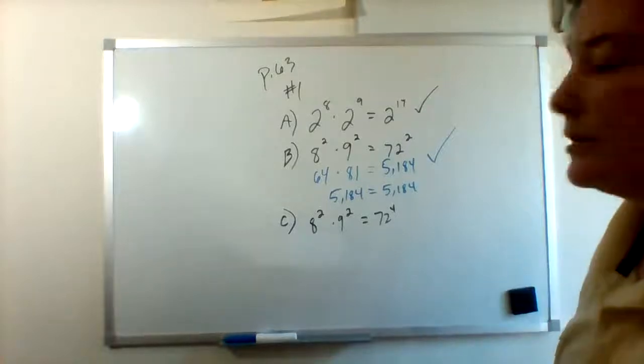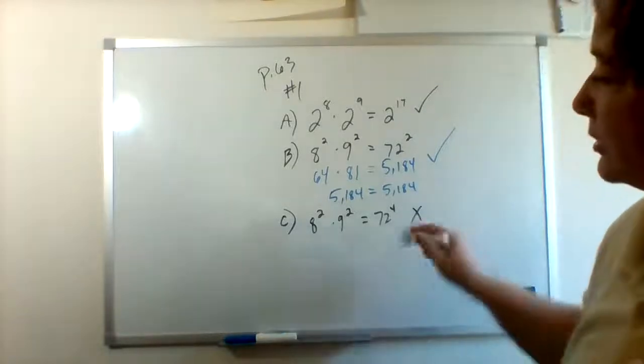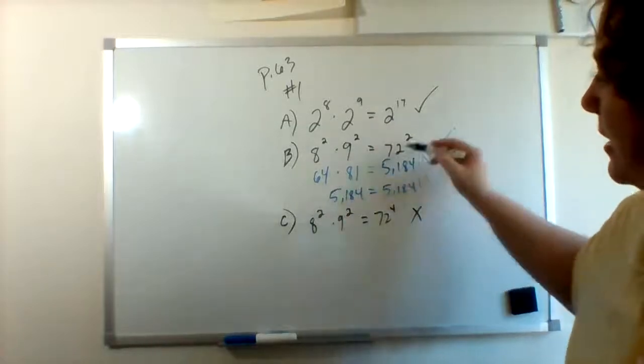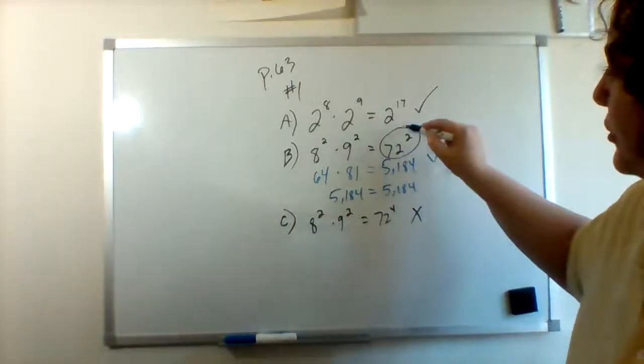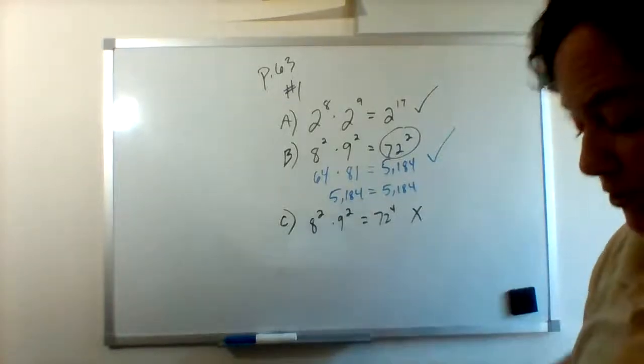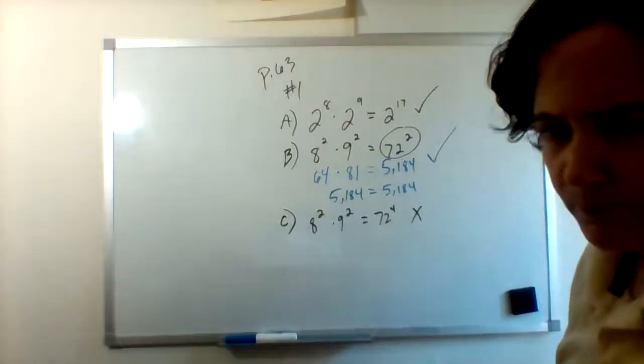Well, you already know that this is false. You know that this is false because we just saw the same exact thing in B, but we proved that this one was the correct one. And if this one is the correct one, this is false. So that's easy, right?